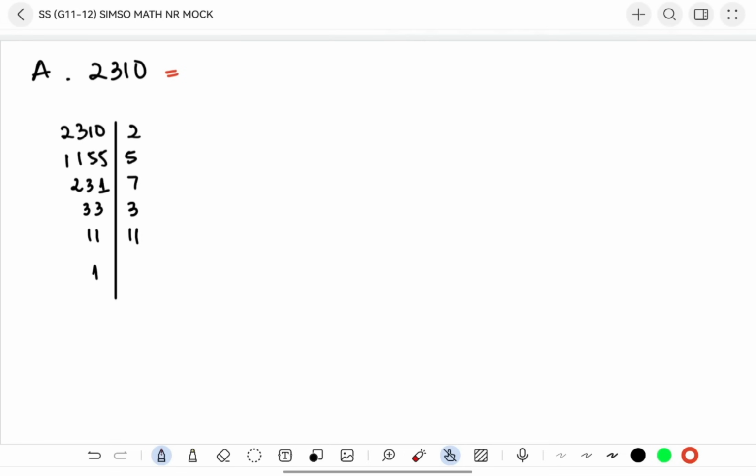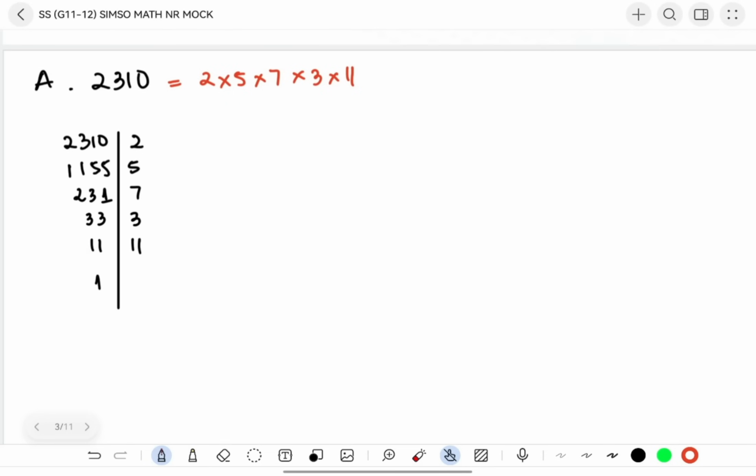So 2310 is equal to 2 times 5 times 7 times 3 times 11. You can see they are all prime numbers, and this is a penta prime, which is 5 numbers.